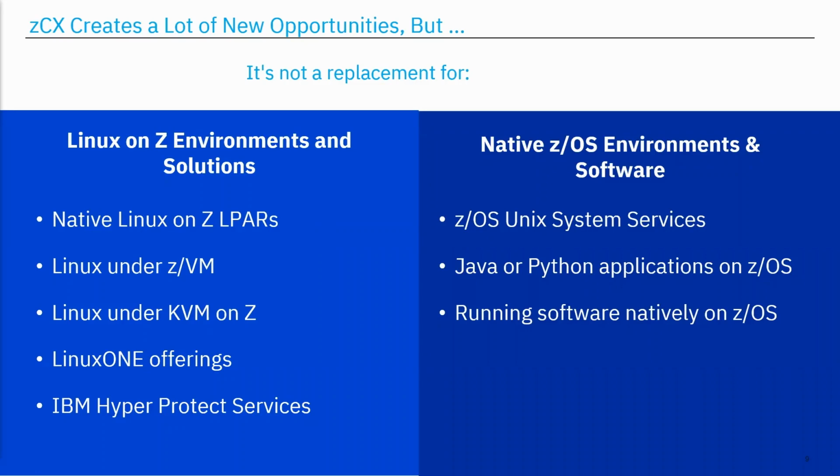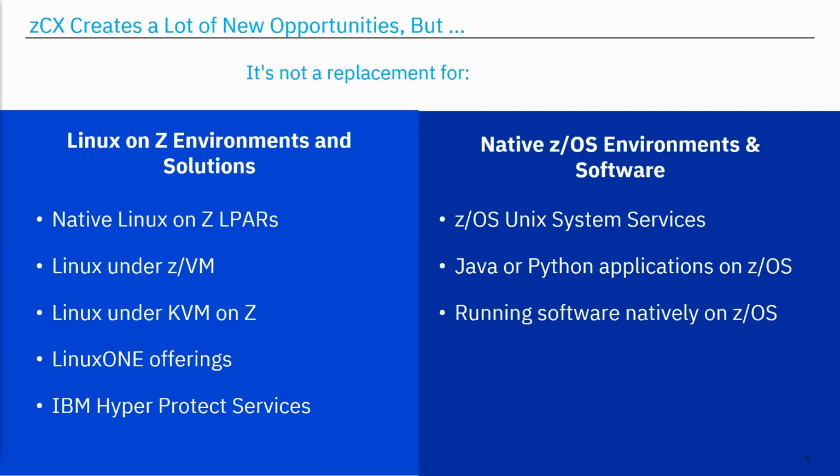We also have the idea of native zOS environment software. Applications that currently run in zOS Unix System Services, or zOS Unix, in many cases are going to run in the fastest way when you're running natively on the operating system. If I have Java or Python applications, the JVM on zOS is really good, and there are several offerings for Python that you can run natively on zOS.